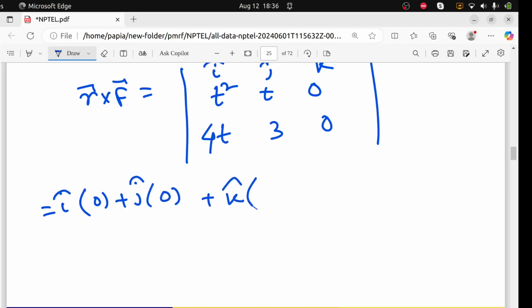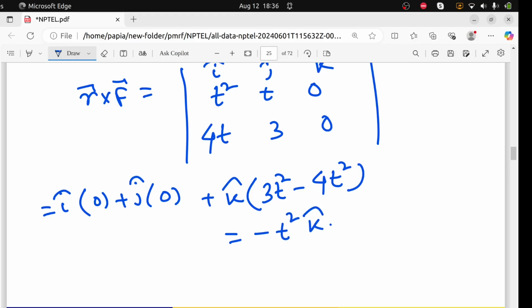Only k cap will be there. And for k cap it is 3t squared minus 4t squared. So it will be minus t squared k cap.